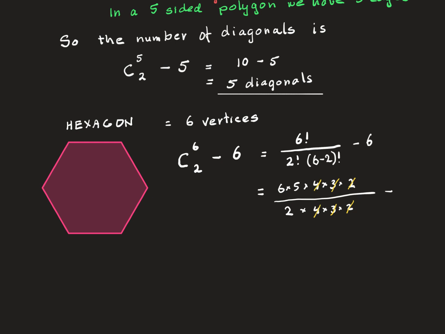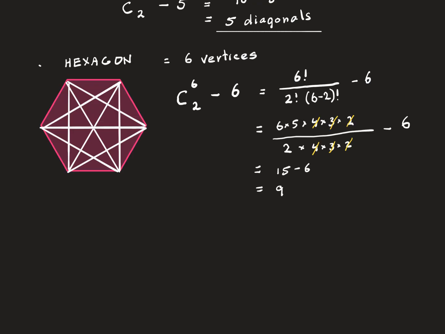We also take away 6, and the result of that will be 30 over 2 is 15. 15 take away 6, which is 9. And I'll draw all the diagonals and count them. It's getting a little bit harder to count them, but I assure you that there are 9.